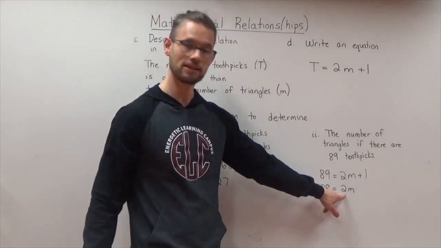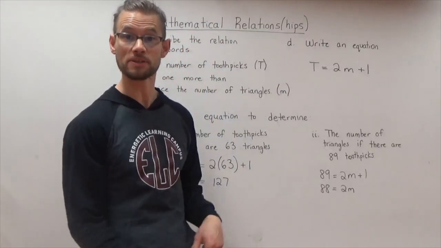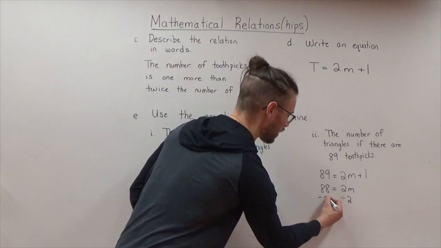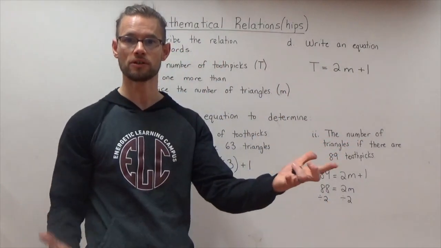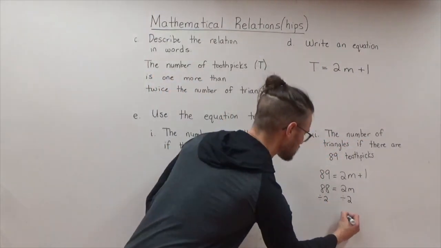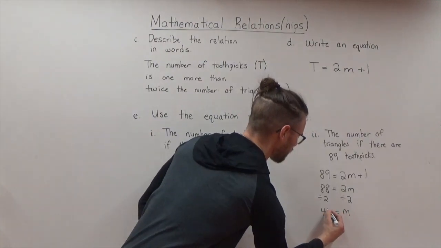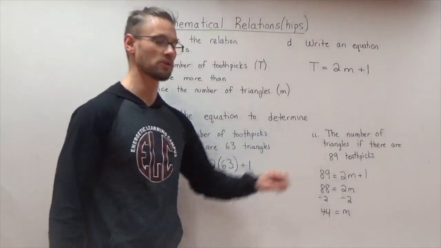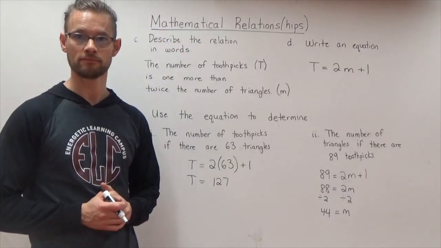And because this is 2 times M, the opposite of multiplying by 2 is dividing by 2. And whatever I do to one side of an equation, I must do to the other. So M equals 44. In other words, there are 44 triangles when there are 89 toothpicks.